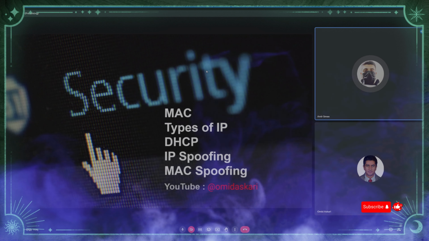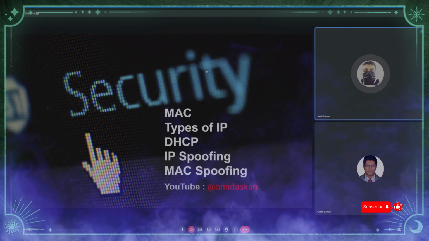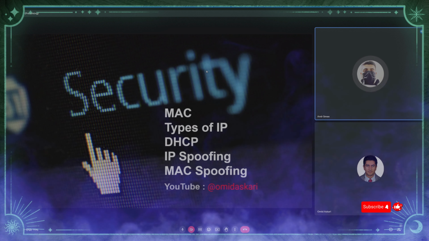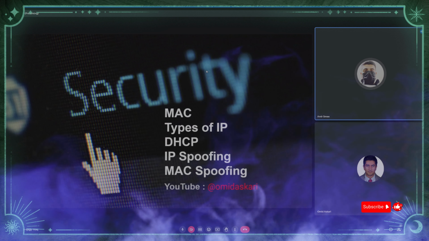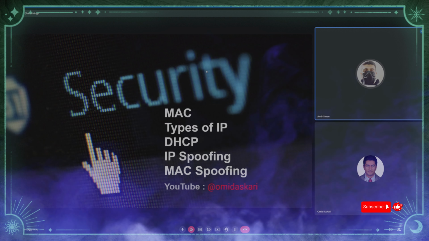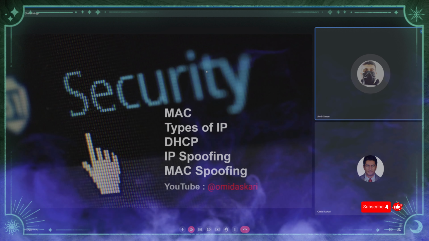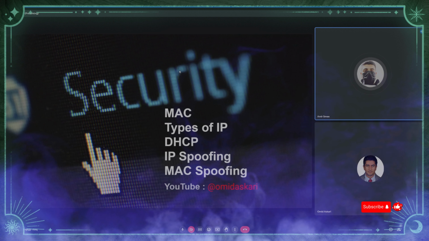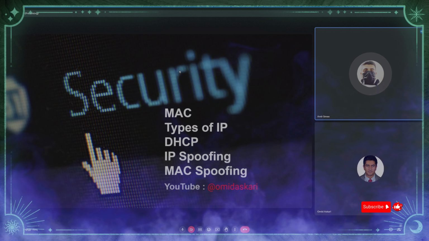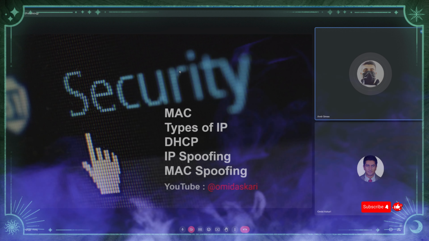Or we could use an IDS, or we should monitor network traffic, because if we have untrusted activities, we can see them and block the action. And for example, we could use encryption, such as a VPN, because when we use encryption methods, our data isn't clear.